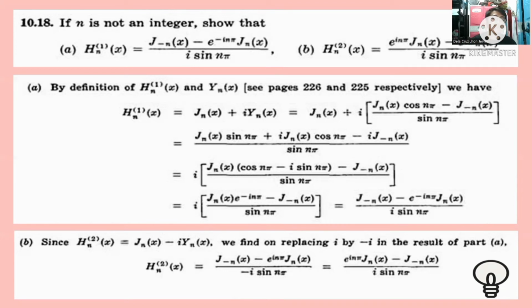Kaya meron tayong h sub n raised to 2 parenthesis x equals j sub negative n parenthesis x minus e raised to i n pi j sub n parenthesis x over negative i sin n pi. Equal siya naman sa e raised to i n pi j sub n parenthesis x minus j sub negative n parenthesis x over i sin n pi.